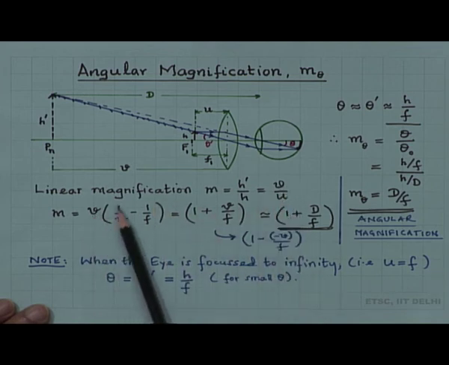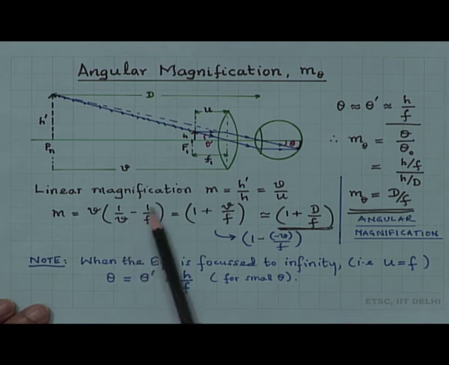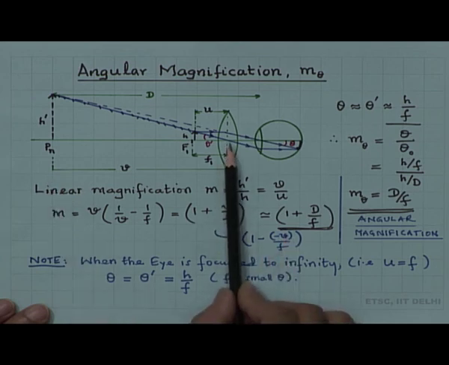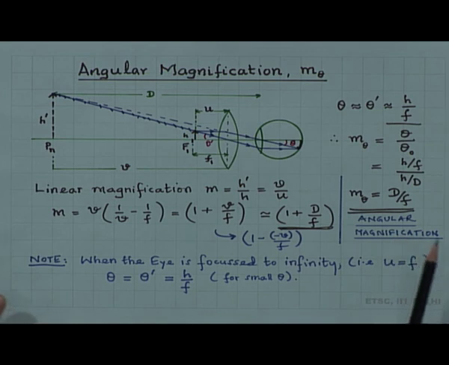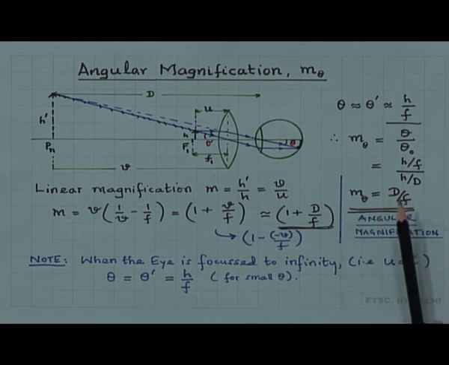U we can write from the lens formula, 1 by v minus 1 by f, which is equal to 1 minus v by f, because v is negative here. F is positive for the convex lens, so only v is negative, and therefore this is 1 plus d by f. The linear magnification is 1 plus d by f, and the angular magnification is d by f, approximately, very good approximations.